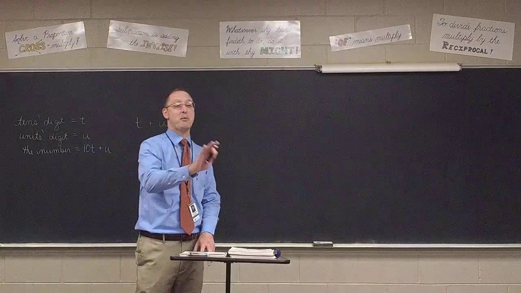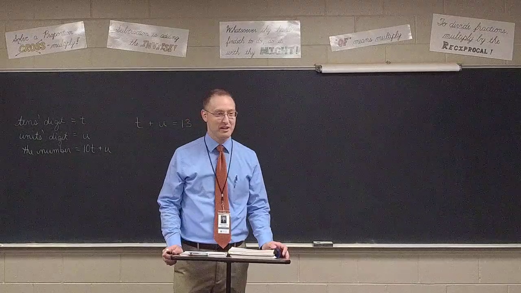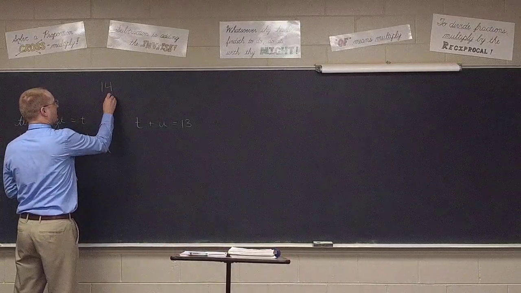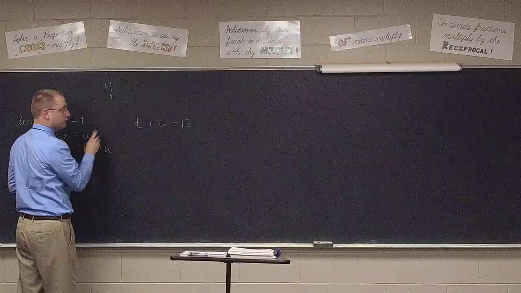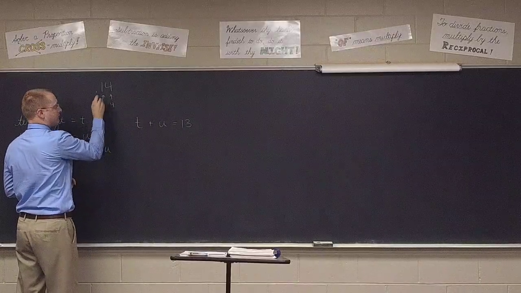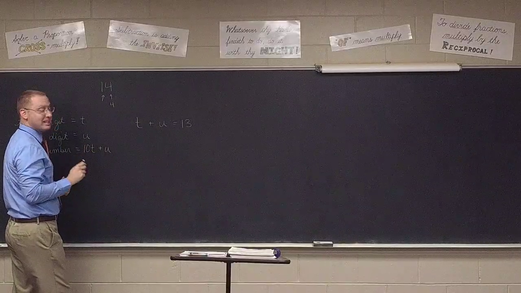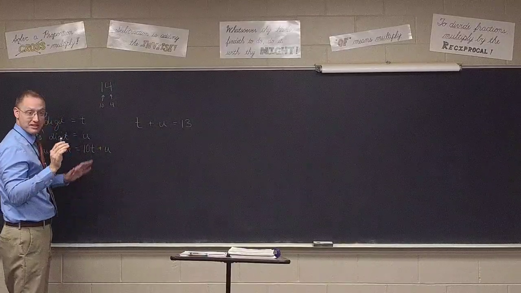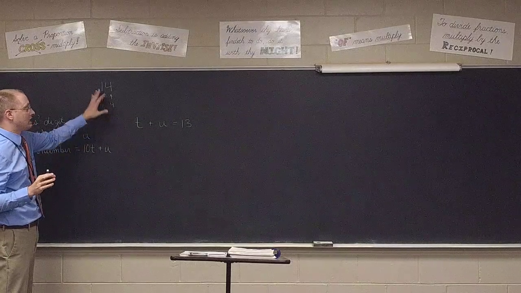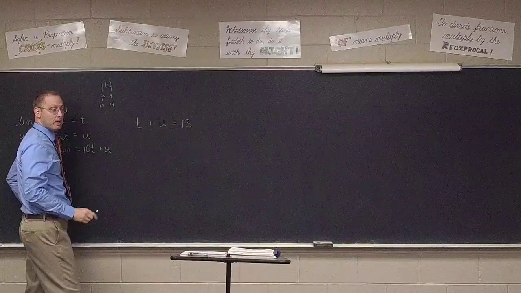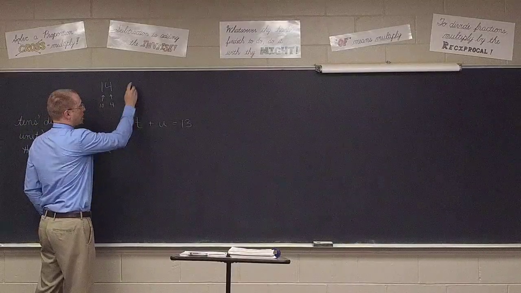All right, how about one where the digits are different? 14. All right, so Maddie, 14, this digit has a value of 4, and this digit does not have a value of 1. It has a value of 10. Now it is a 1, but it has a value of 10, right? And 10 plus 4 gives us 14. If we reverse the digits, what would the number become? 41.